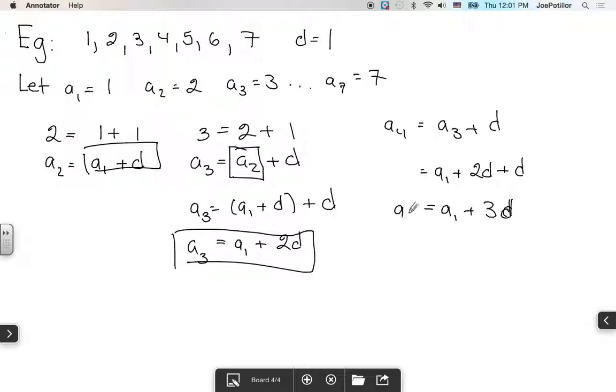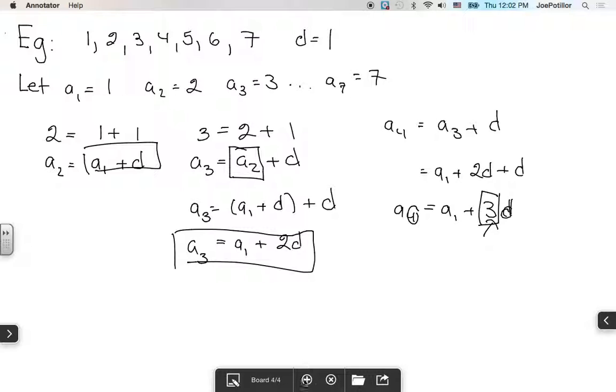And I want you to notice something: the subscript is 4, and the coefficient next to D is 1 less than that. So we actually have a pattern that forms, and this pattern is what we use to find the nth term of a sequence.